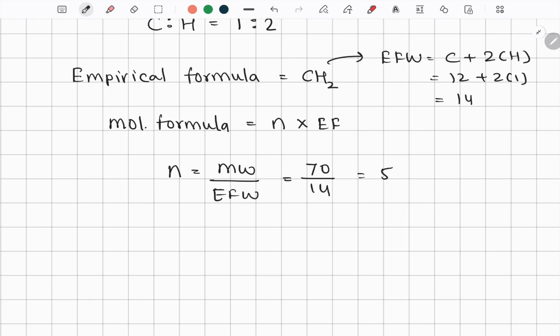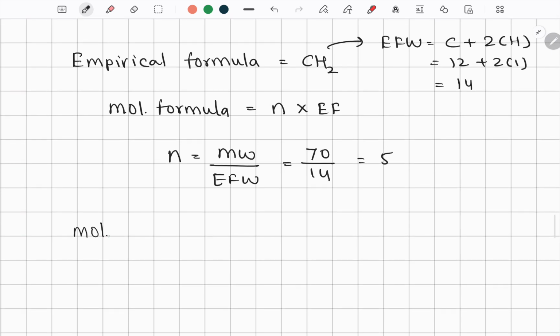Therefore n is equal to 5. So the molecular formula is 5 into the empirical formula CH2, which becomes C5H10. My molecular formula is C5H10.